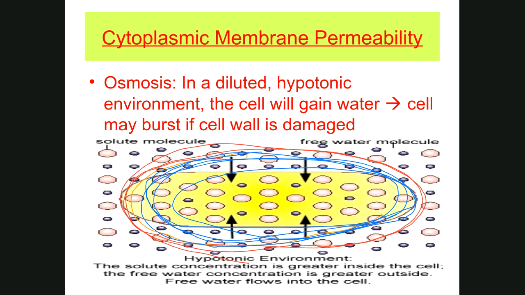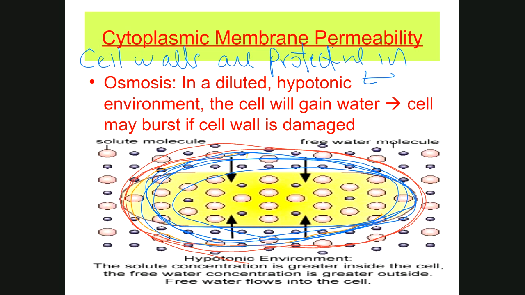So cell walls are protective in hypotonic environments. The minute you remove the cell wall from a bacteria and you put it in a hypotonic environment, it will explode. So the cell wall prevents this rupture of the bacteria in a hypotonic environment.